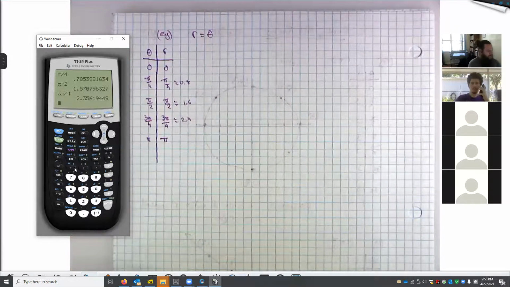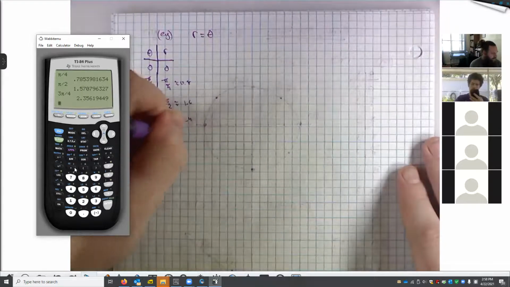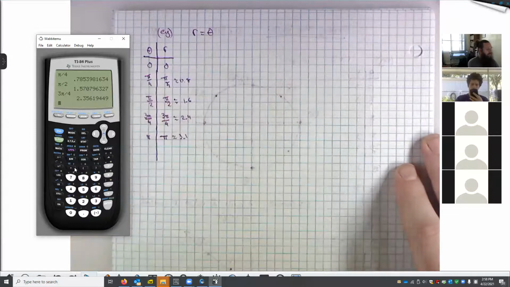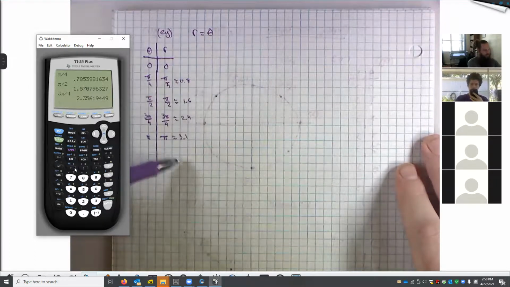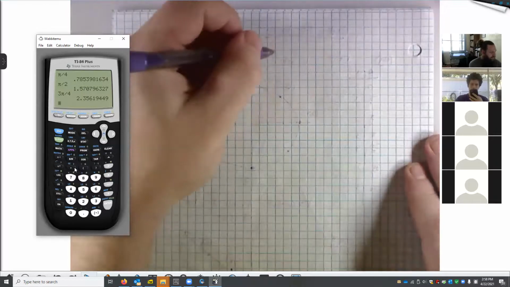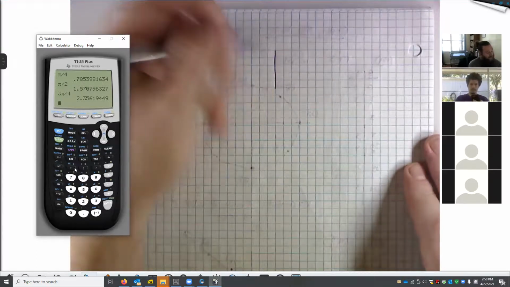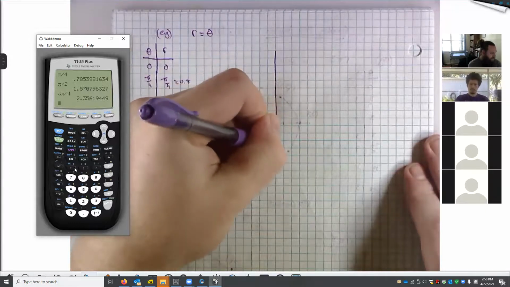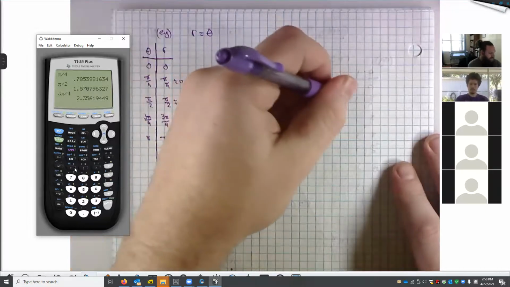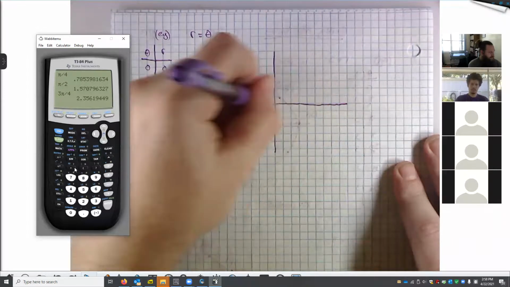And pi, of course, is like 3.1. So as theta increases, r increases. This is actually a curve we saw earlier today. We saw this curve when we were talking still about parametric equations.